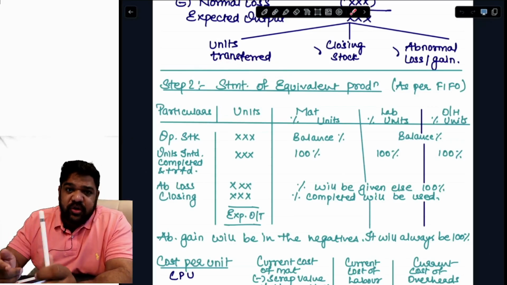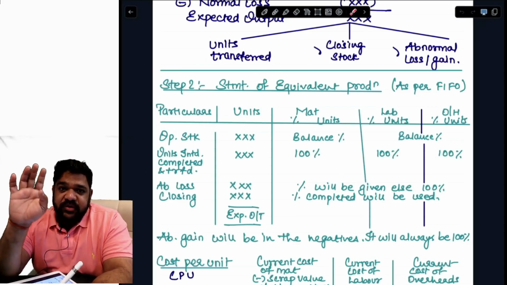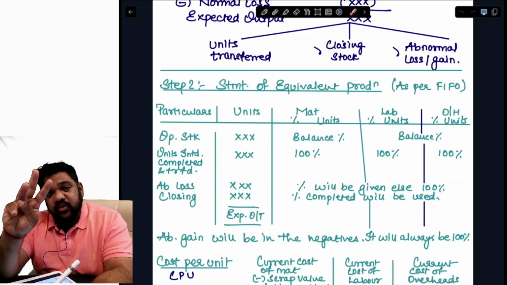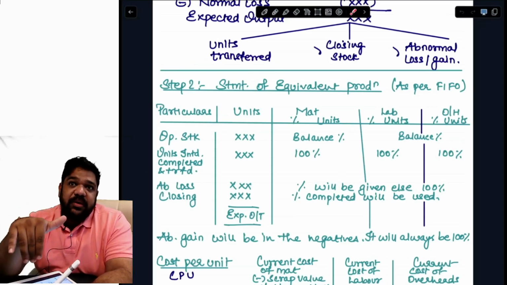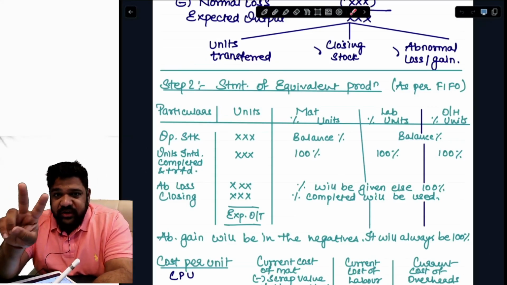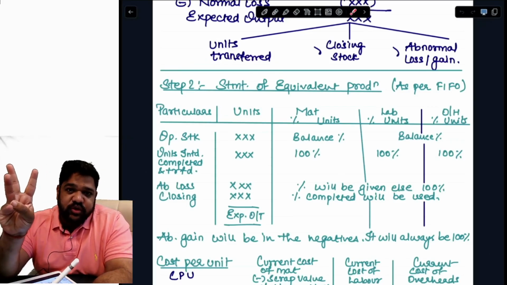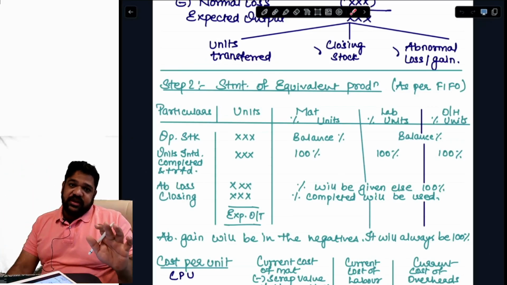So opening stock and UICT. Now you will have four particulars in case of FIFO: opening stock, UICT, closing stock, and abnormal loss or gain. These four particulars are the maximum. You can have a minimum of three: opening stock and UICT would be there for sure, and then you may have closing stock. You may not have abnormal loss or gain.